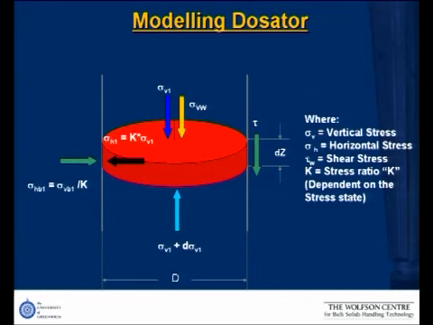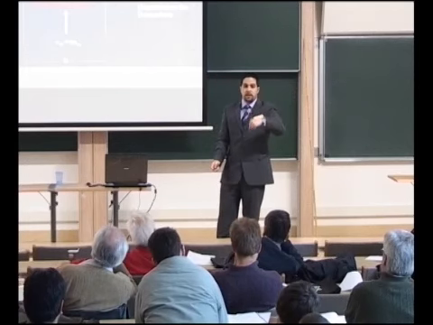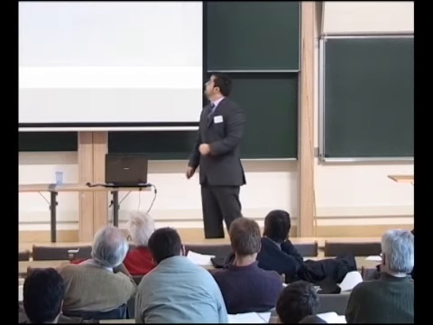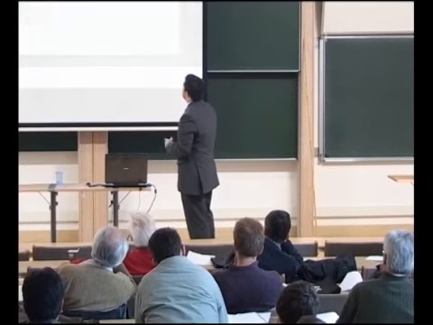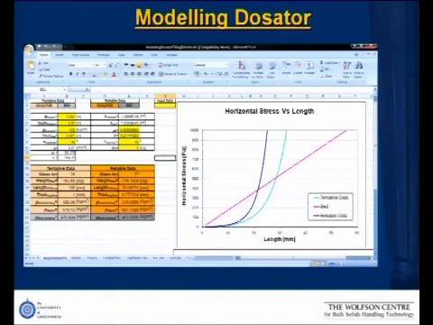As you notice, we have a stress ratio K, here multiplying and here dividing, depending on the state of the powder at the moment, whether it's passive or active. It's a very important value because it tells you how the powder behaves, how it's going to respond to the vertical stress applied.